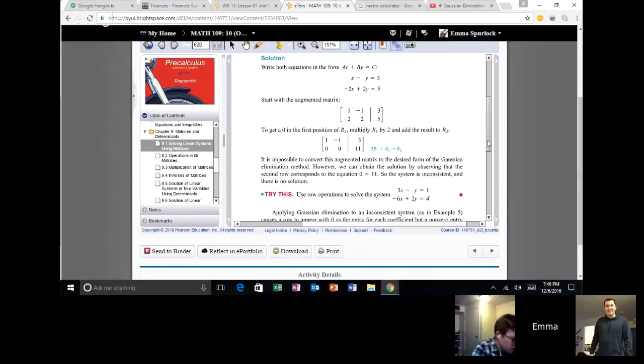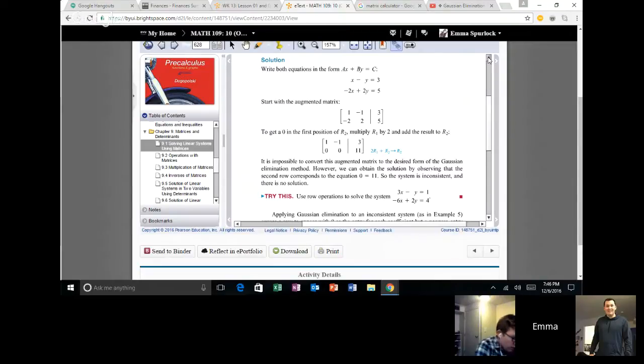But since it's the matrices, what we have to do is, if you look at the columns, the first column is the X column, the second column is the Y column, and the third column is just the resultant, the R column, whatever.